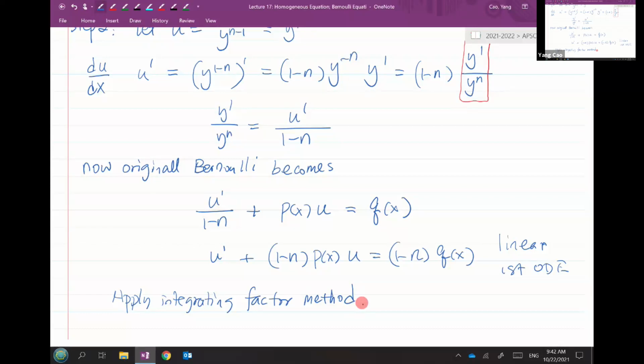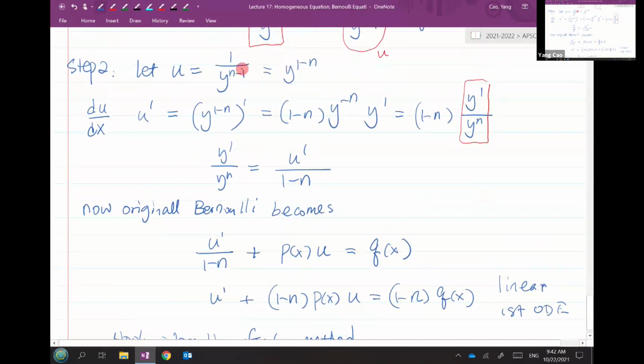Good, so that's the key here. Looking at the key for the Bernoulli equation: first, you have to be able to identify the Bernoulli equation. The key is to introduce the variable u. Your u has to be introduced like this, it cannot be anything else, otherwise it won't work.